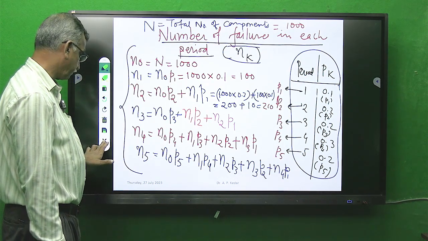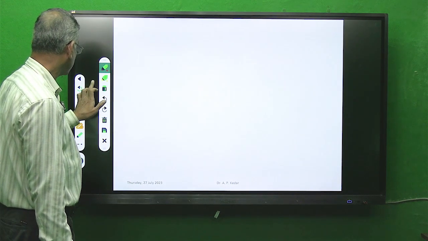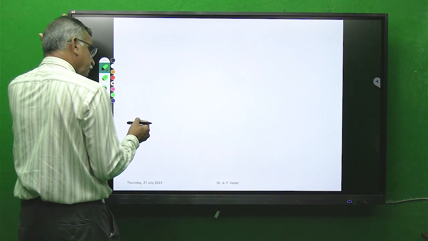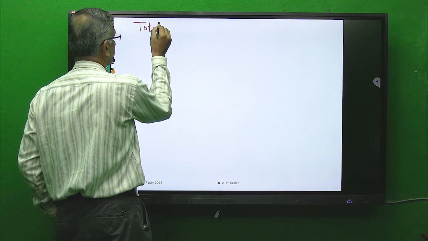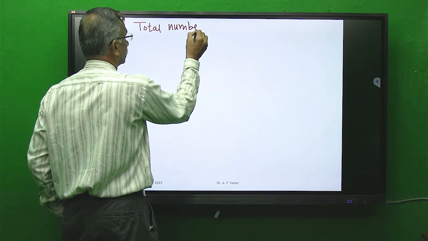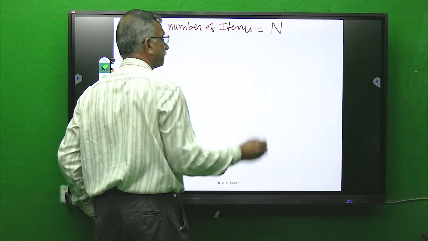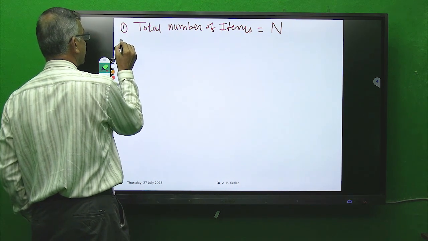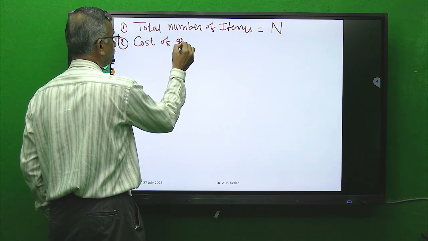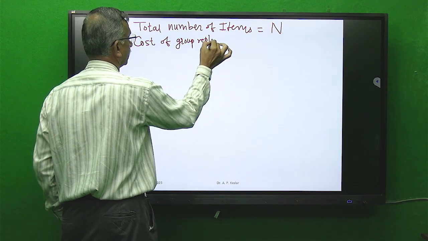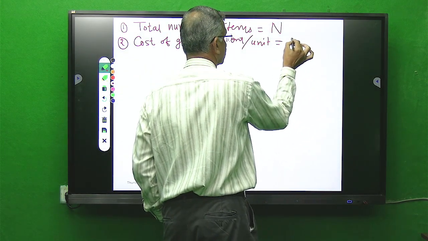Now once we are ready with this total number of failures, for analysis what we need is, first, the total number of items that we need, which we have abbreviated as N. Then we need second data, the cost of group replacement per unit, which we abbreviate as CG.